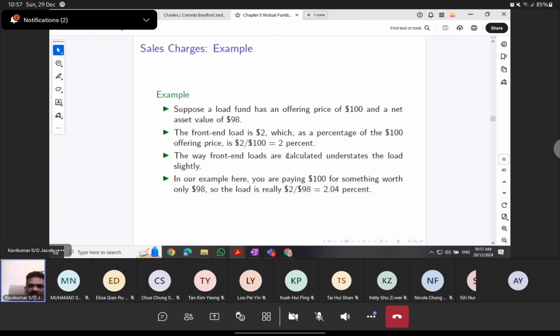The way front-end loads are calculated understates the load slightly. The current net asset value of the mutual fund is $98, but there is a front-end load of 2%, meaning $2, so the offering price is 100.